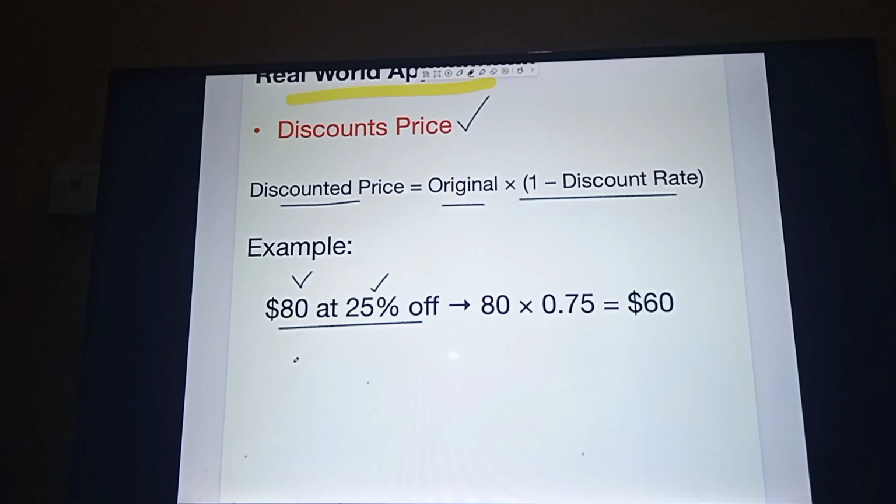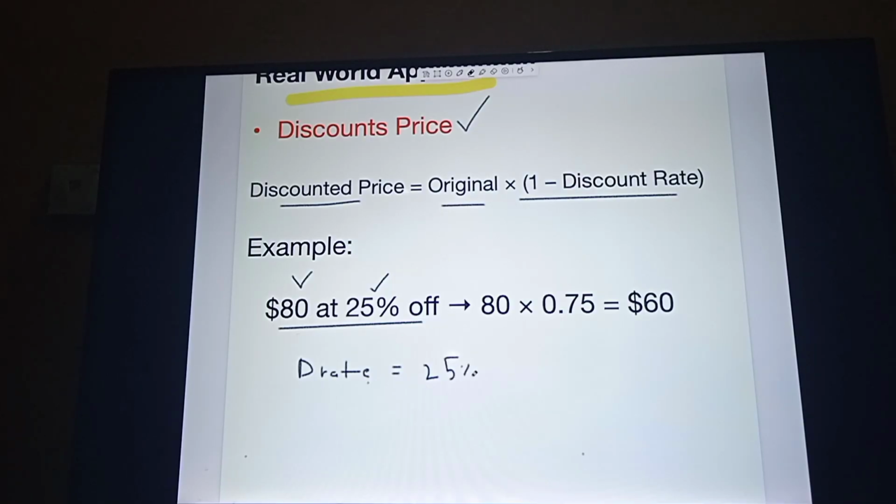So first find the discount rate. So discount rate is equal to 25%. So this is equal to 0.25.